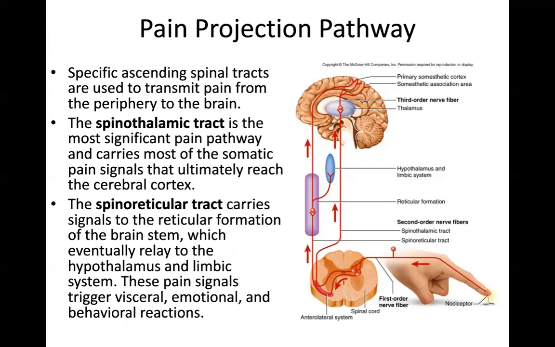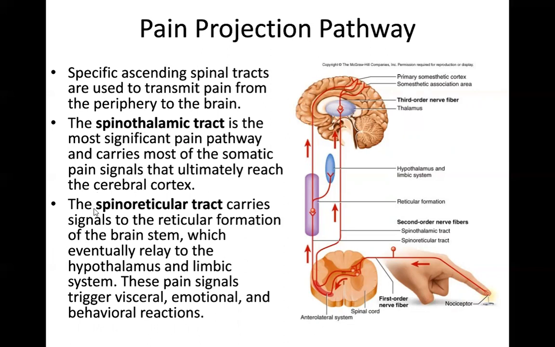The spinothalamic tract, and I would highlight this, is the most significant pain pathway because it carries most of the somatic pain signals that ultimately reach our cerebral cortex. And it's called the spinothalamic tract because guess where it goes on its way to the cerebral cortex? Using the spinal cord, it travels eventually to the thalamus, spinothalamic tract.